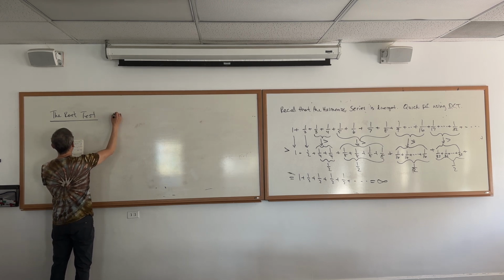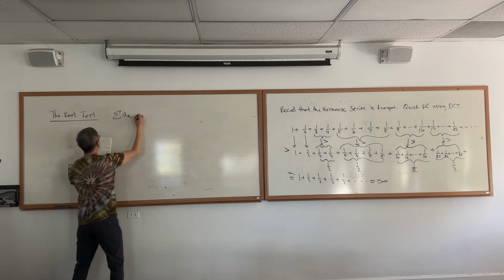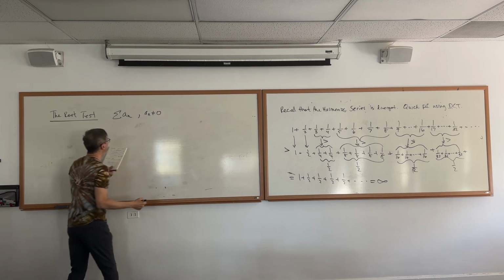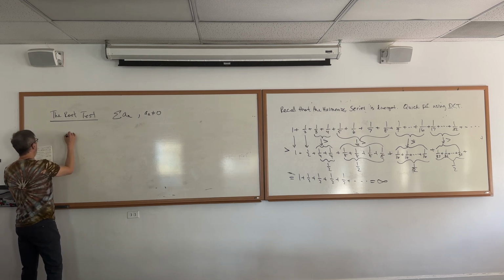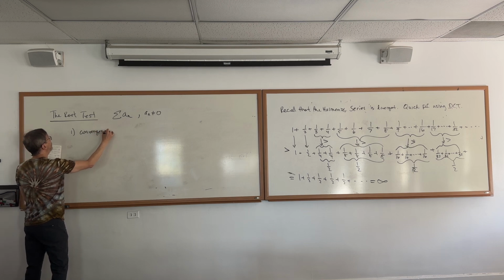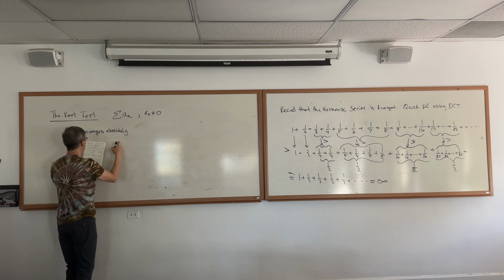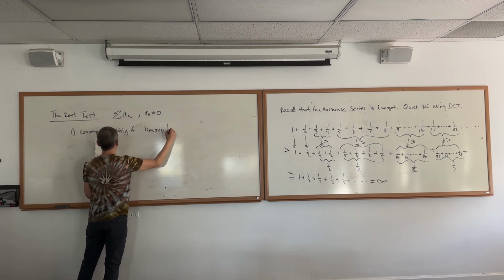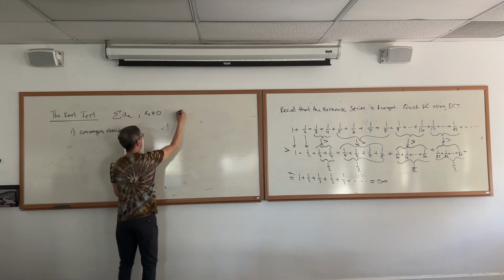So, I've got a series, sum of a sub n, and the a sub n's are not 0. None of them are 0 terms. This thing converges absolutely if the limsup of, one last thing, define one thing up here.